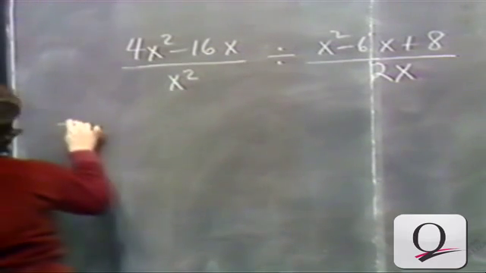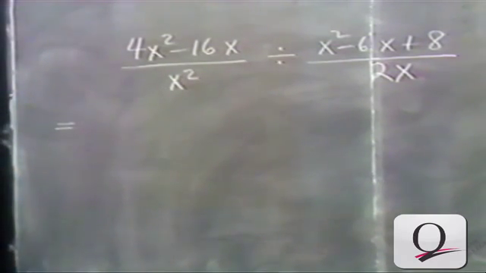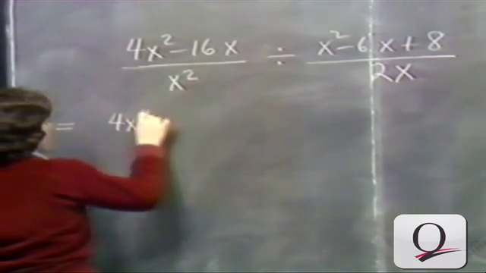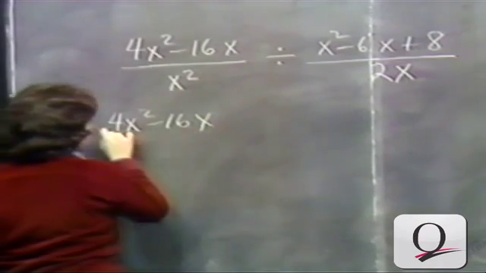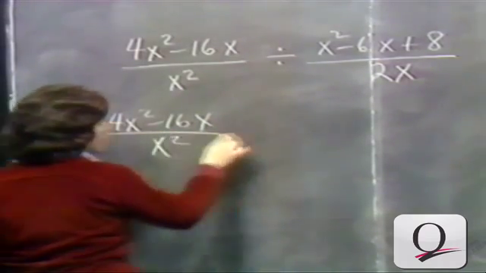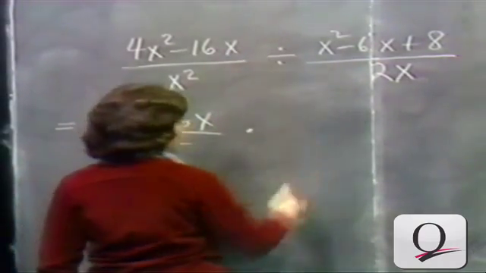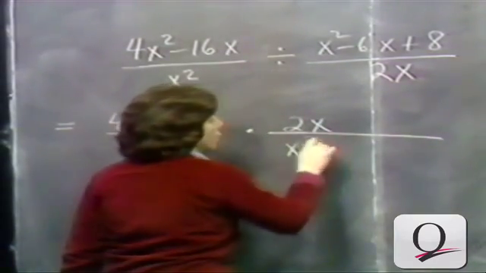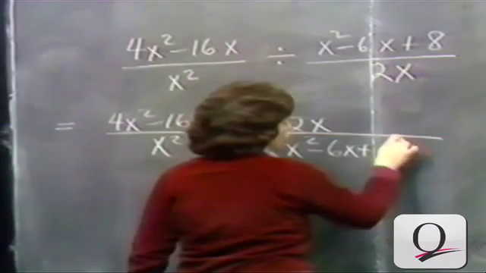Okay, first step would be to invert and multiply. So we'll make this 4x squared minus 16x over x squared times, we invert and multiply, 2x over x squared minus 6x plus 8.